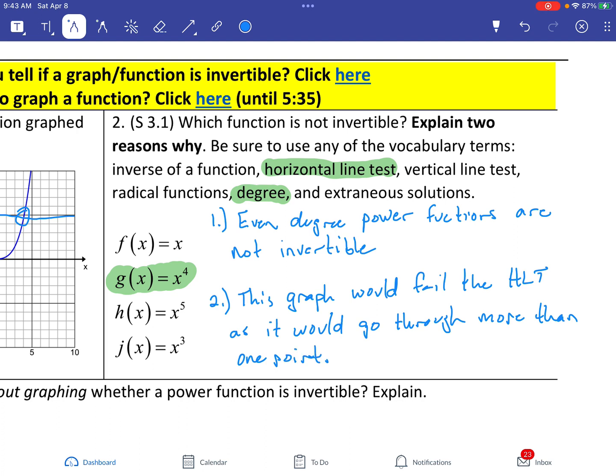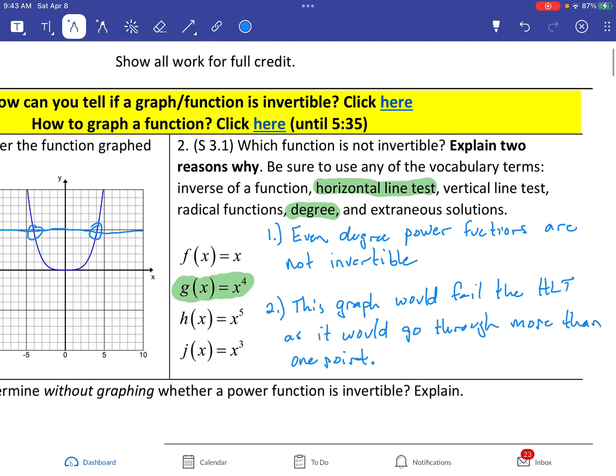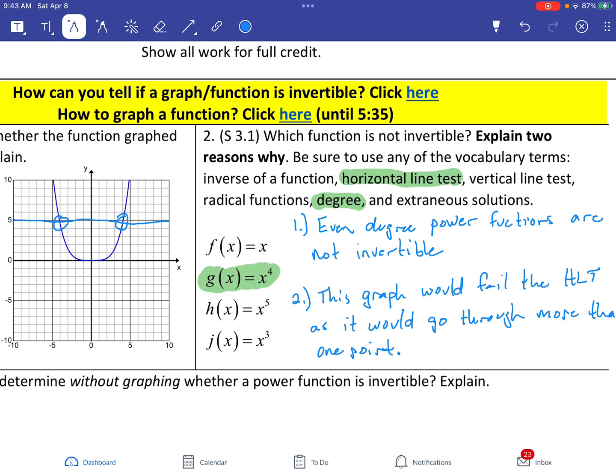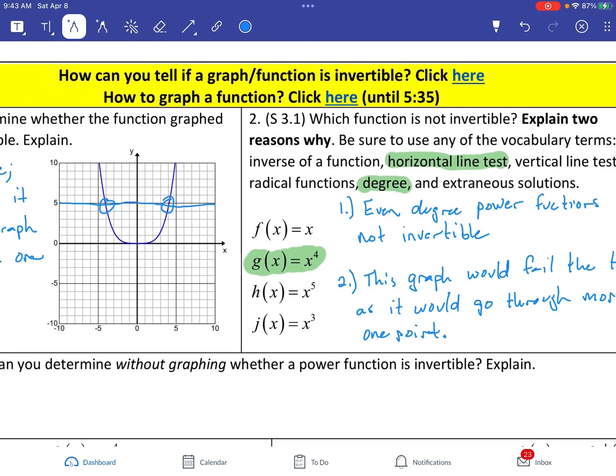So number 1, even degree functions are not invertible, and the reason being is because it would fail the horizontal line test. So x to the 4th looks a little bit like the graph that we just saw in number 1. It looks like a parabola type shape.